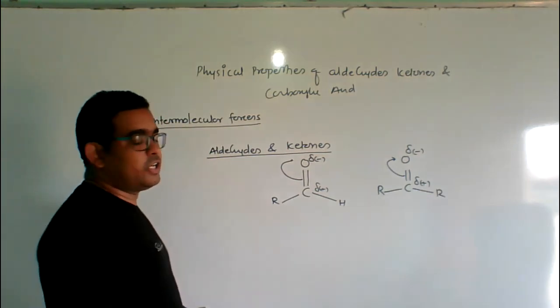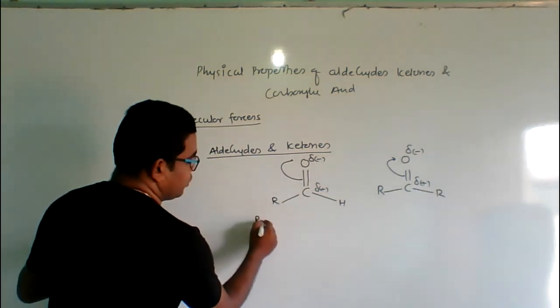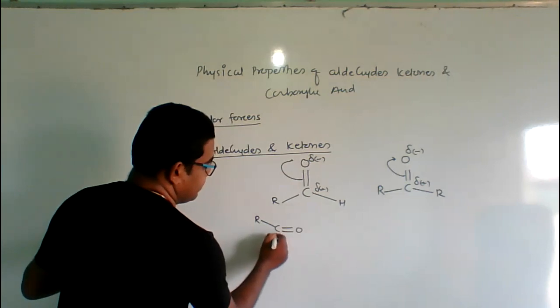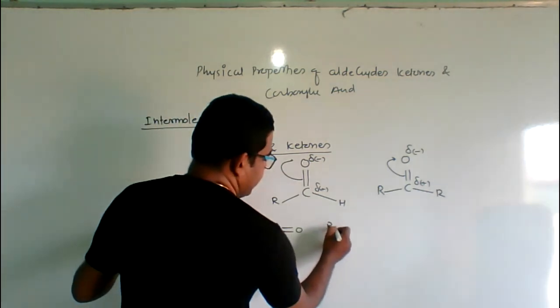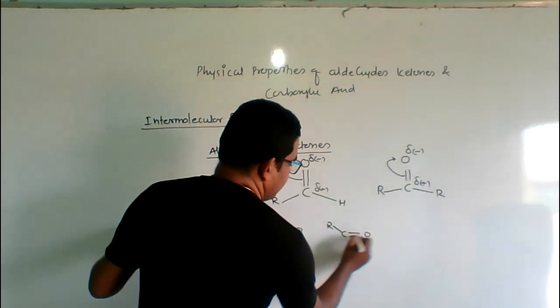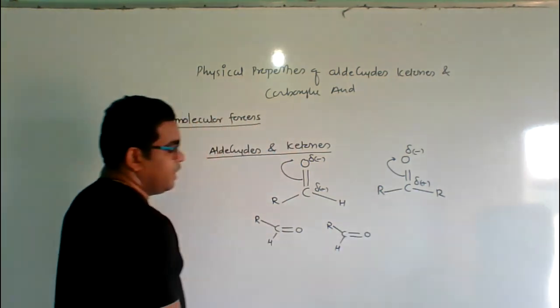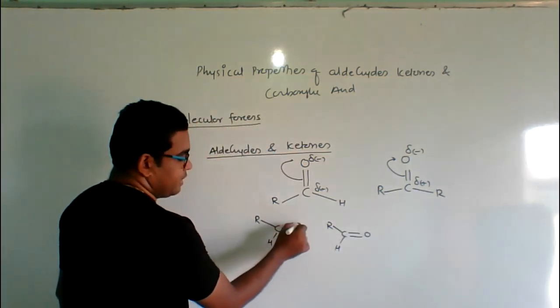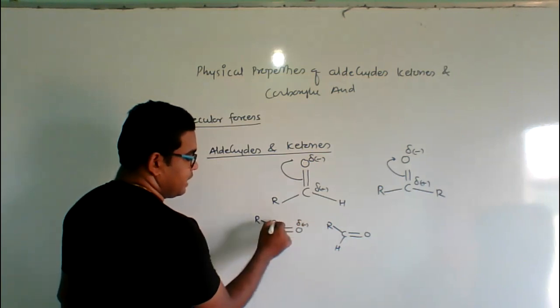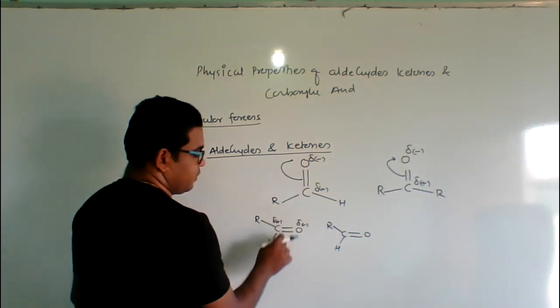Now suppose we just take two molecules of aldehyde. RC double bond O H, and another molecule RC double bond O H. These are two aldehyde molecules. Now, if we introduce polarity, this oxygen acquires partial negative, this carbon acquires partial positive.